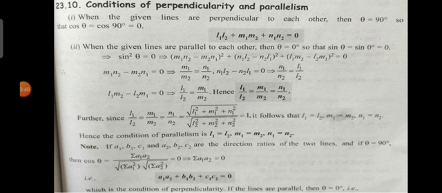So if we are given two lines, you can find out whether the lines are perpendicular by using this equation. And if the lines are parallel, L1 by L2 equals M1 by M2 equals N1 by N2. That is the condition. Also L1 equals L2, M1 equals M2, N1 equals N2.